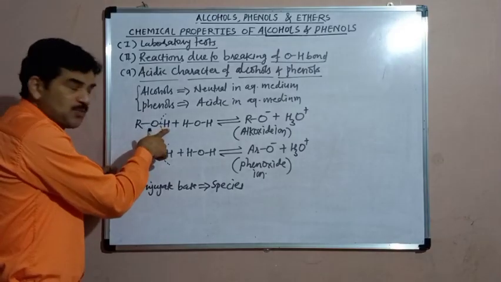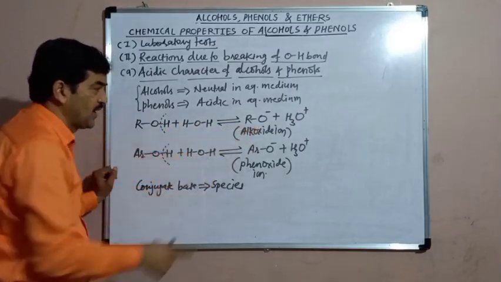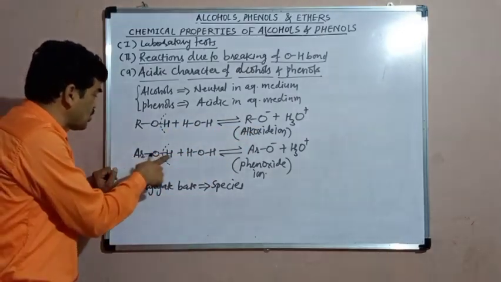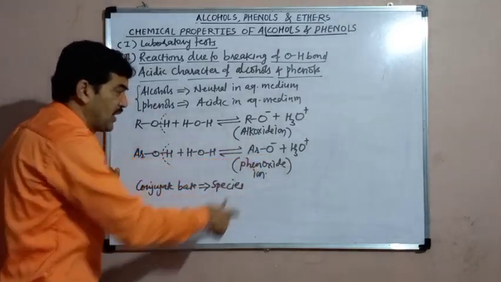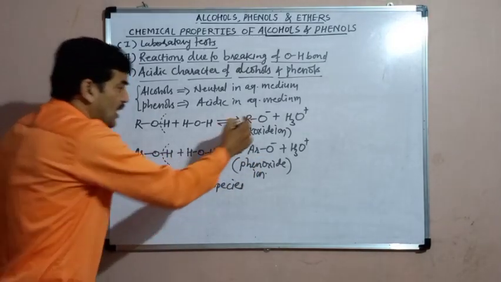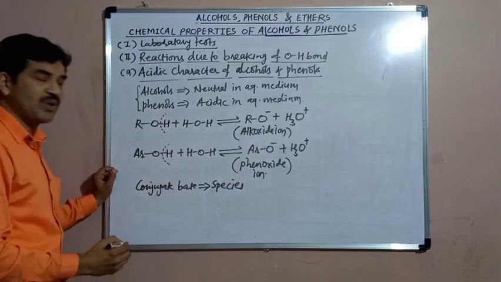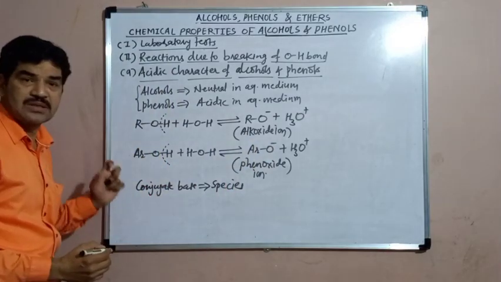When alcohol loses H positive ion, it is converted into the alkoxide ion. When the phenol loses H positive ion, it is also converted into the phenoxide ion. So alkoxide ion and phenoxide ion are conjugate bases of alcohols and phenols.